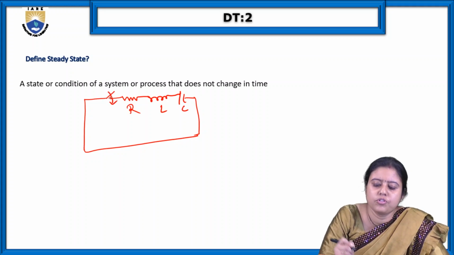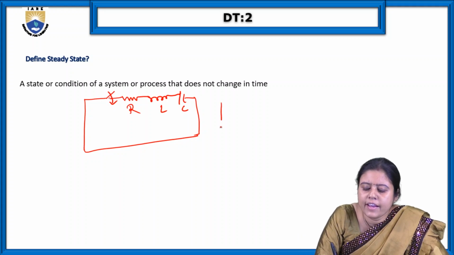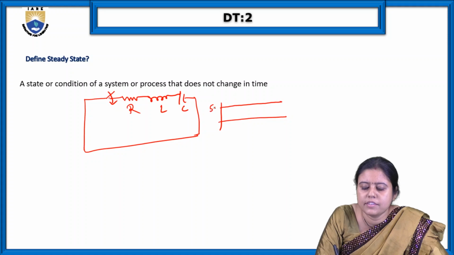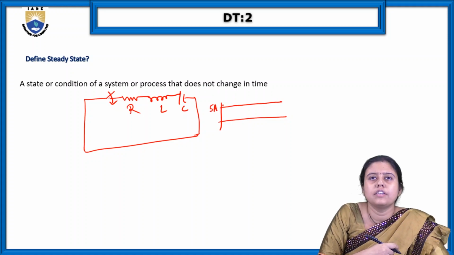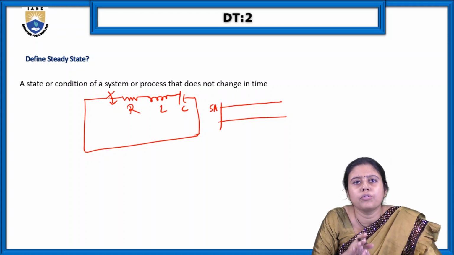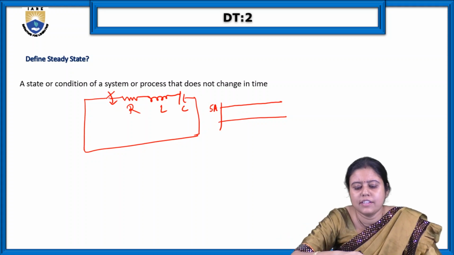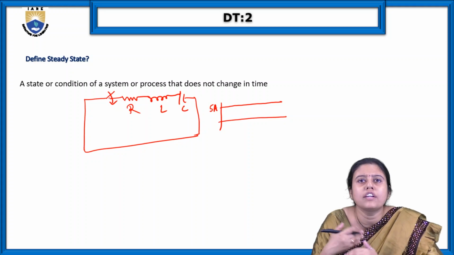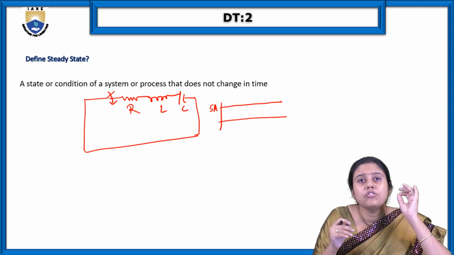Say the current in this circuit is 5 amps. If the switch is closed, as this is a series circuit, we will get 5 amps current throughout. It is not changing in time.